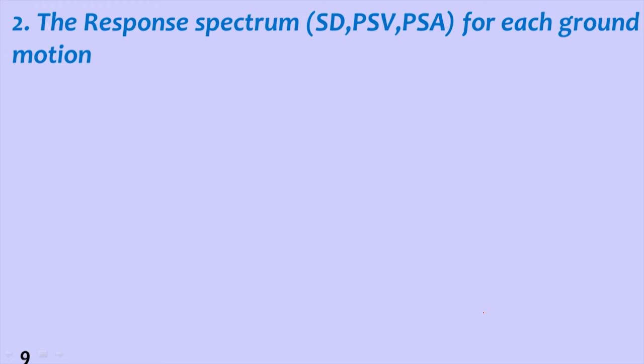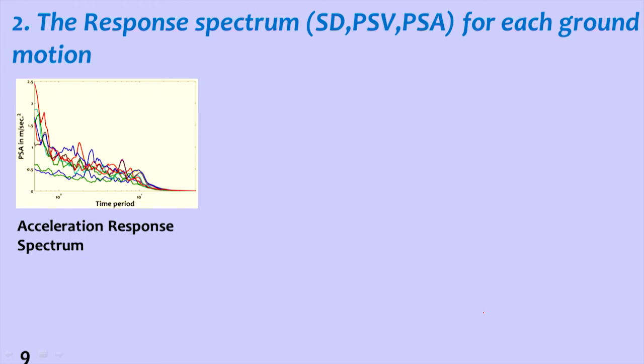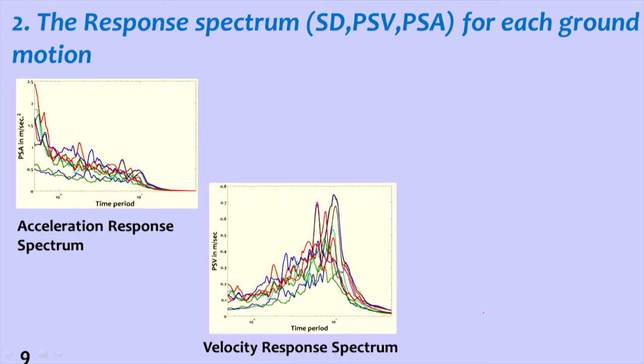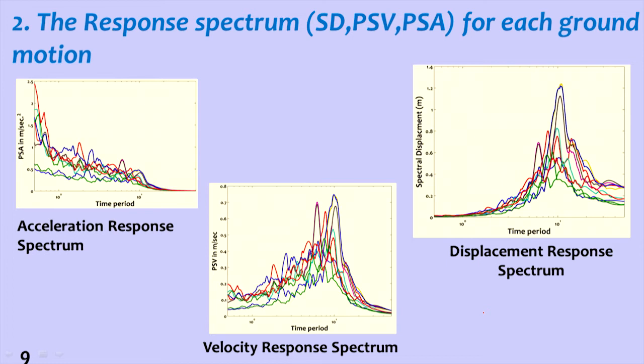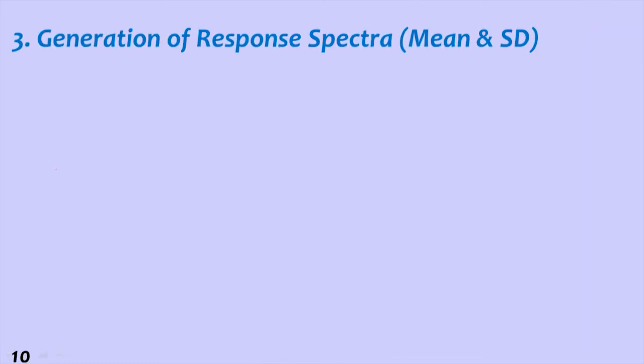Then the response spectrum SD, PSV and PSA for each ground motion. As you can see, this is the acceleration response spectrum, velocity response spectrum and displacement response spectrum. The mean at this point will be taken as the average of all these values. So that is the mean at that point, and like that, at all points we take the mean.